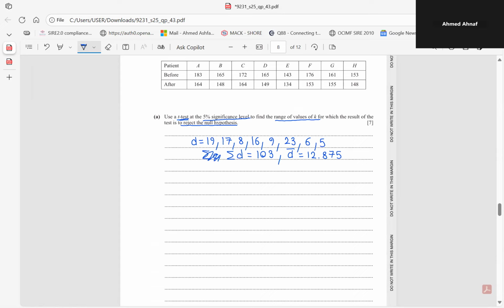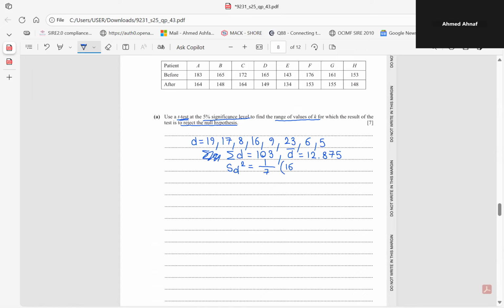And the sample variance, let's call it SD squared. We have 1 over n minus 1, so that's 8 minus 1, so that's 7, times sigma squared. Okay, sigma squared is just 19 squared plus 17 squared plus 8 squared plus 16 squared plus 9 squared plus 23 squared plus 6 squared plus 5 squared.